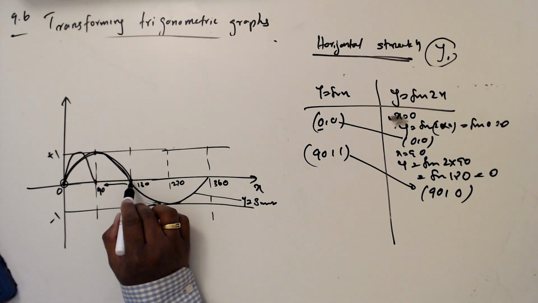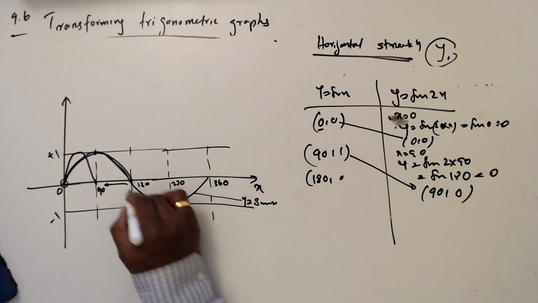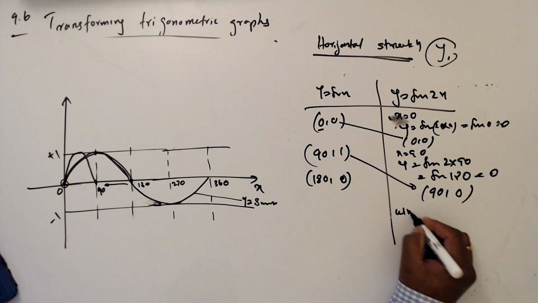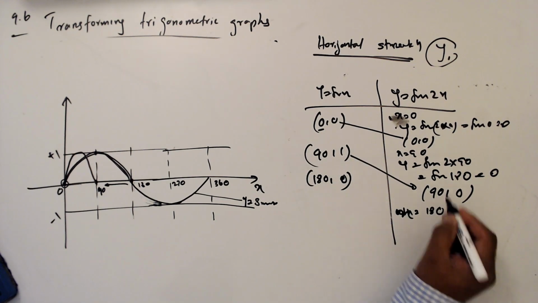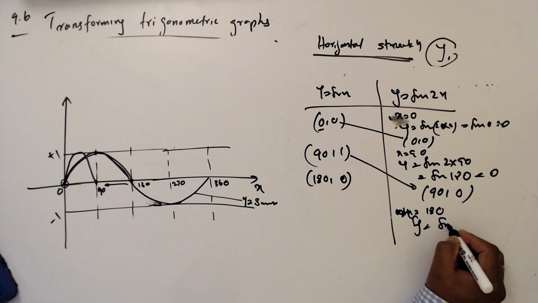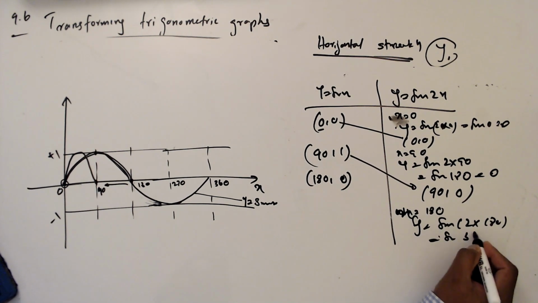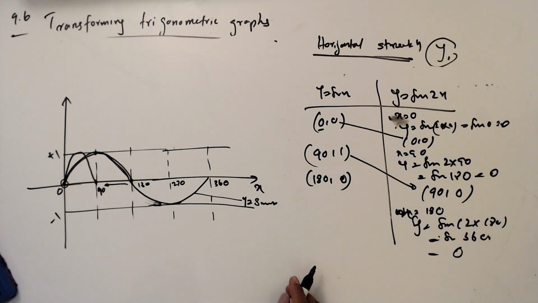We'll consider another point now. 180. When you consider 180, 0, what will happen to here? When x equals 180, y equals sine 2 times 180, which is sine 360. What is sine 360? It is 0.